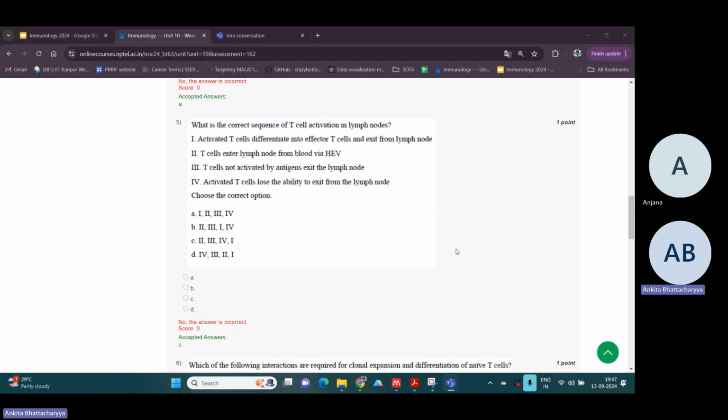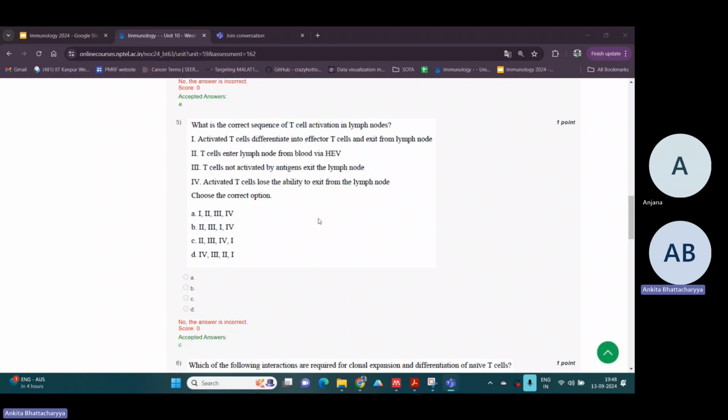T cells enter the lymph node from blood via HEV. T cells not activated by antigens exit the lymph node. Activated T cells lose the ability to exit from the lymph node. Of these, the correct option is highlighted as option C.